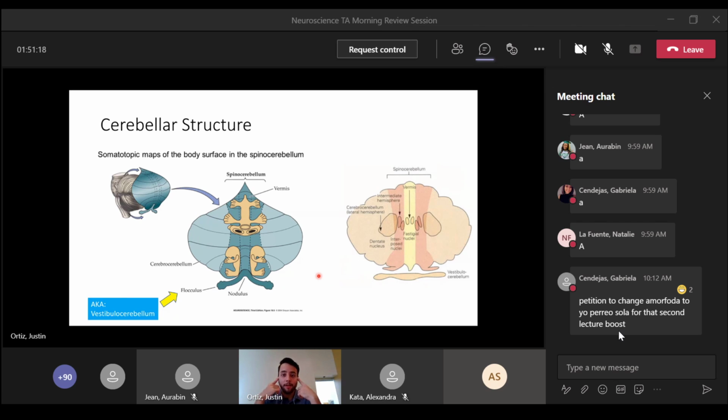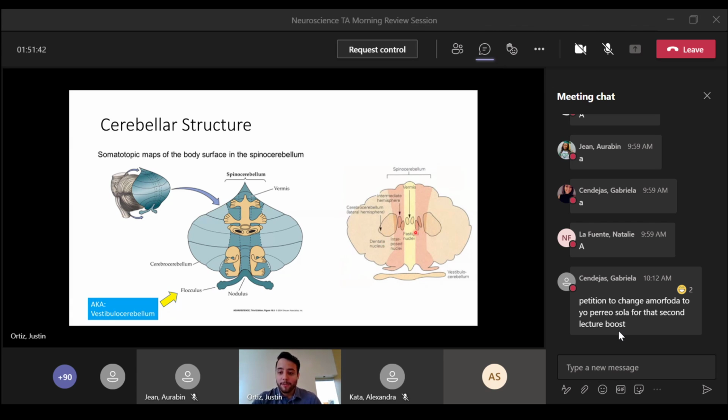If we have that in mind, we should be able to understand this image right here. Here are our deep cerebellar nuclei. From lateral to medial, you can see the dentate nucleus, the interposed nuclei, as well as the fastigial nuclei. These are located deep inside our cerebellum, super deep inside. That's why they're called deep cerebellar nuclei.